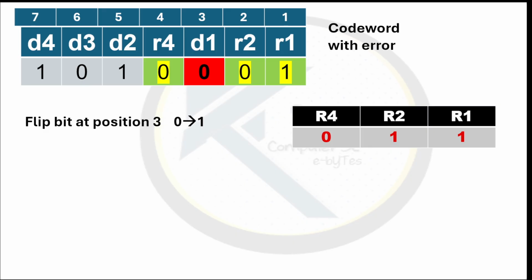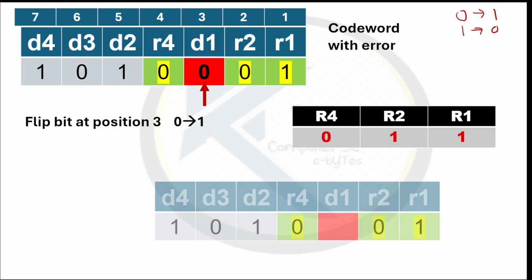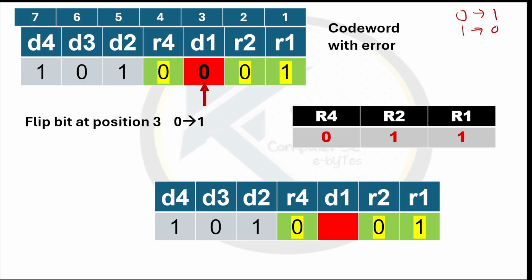How to correct it? You know the simple rule, 0 will change to 1 or 1 will flip to 0. So let's see what this value is. This is value 0. How to correct it? We will just change this value 0 to 1. So see, now this code will match with the original.